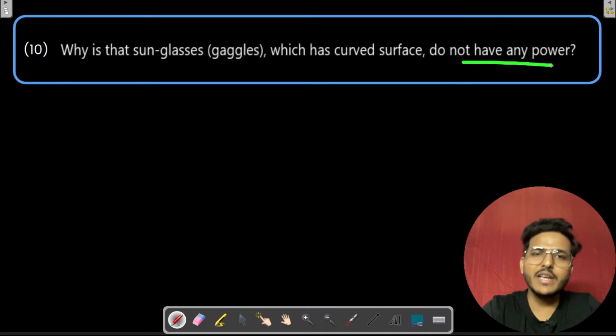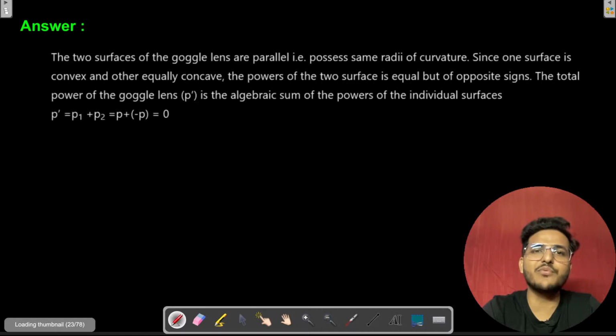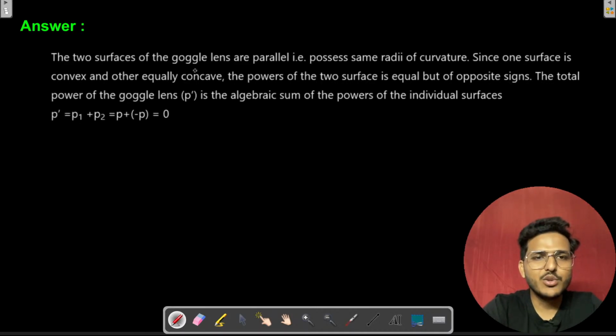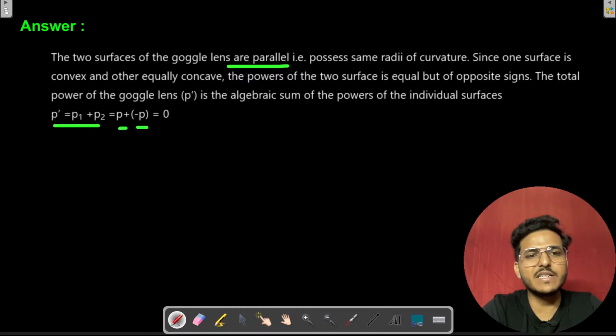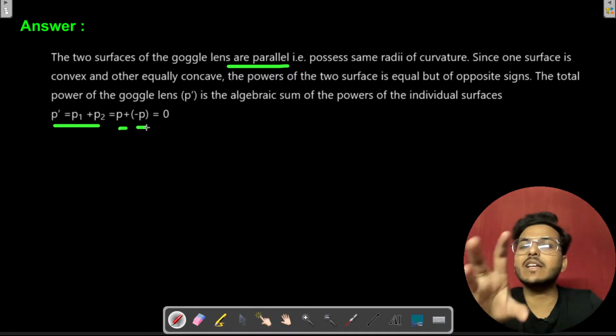You are using a concave and a convex lens of the same power. Then the final power is 0. First one is convex and second one is concave.